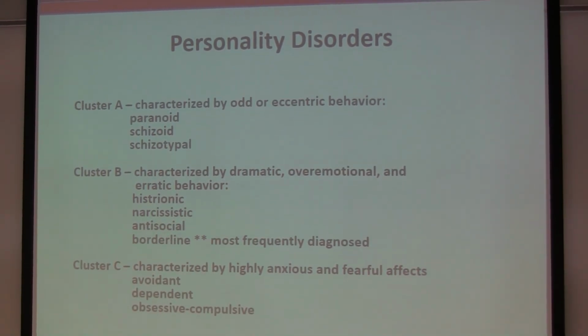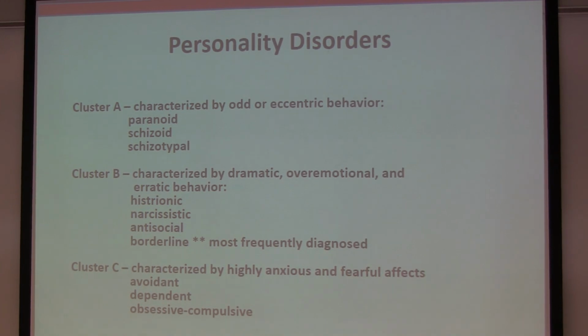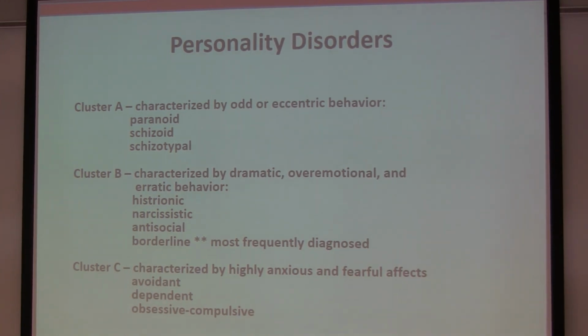Cluster B is characterized by dramatic, over-emotional, and very erratic behavior. And in this cluster, there are 4, and you would see possibly histrionic disorder, narcissistic personality disorder, antisocial personality disorder, and borderline personality disorder, which again is the most frequently diagnosed personality disorder.